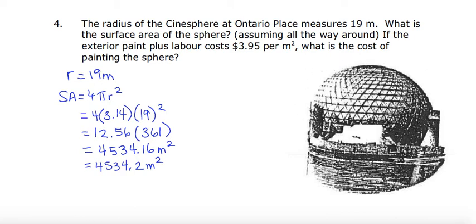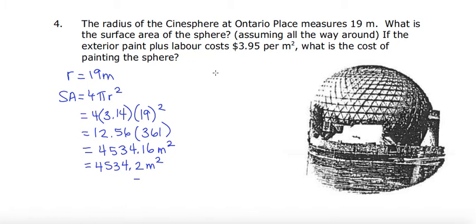So the next question says, if the exterior paint plus labor costs $3.95 per meter squared, what is the cost of painting the sphere? So the total surface area is 4,534.2 meters squared.